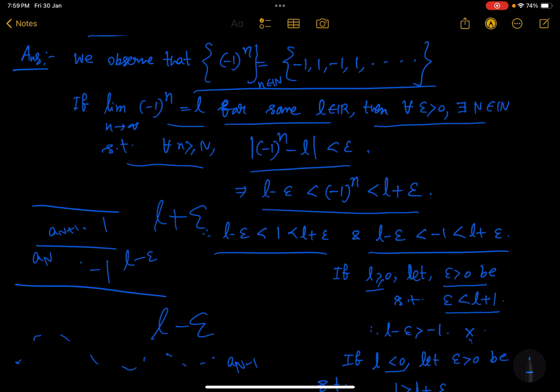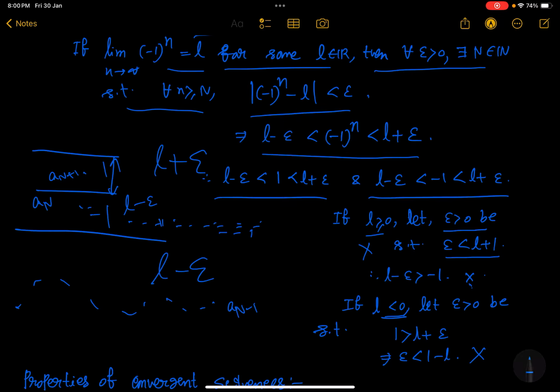So I have chosen one epsilon which is positive, for which this interval does not contain minus 1, and minus 1 is outside. And minus 1 is repeating many times. So that cannot be a limit.